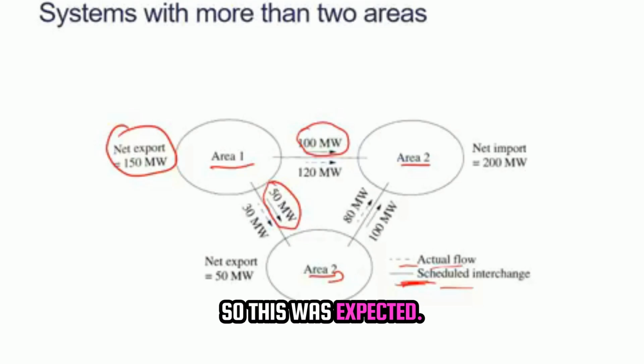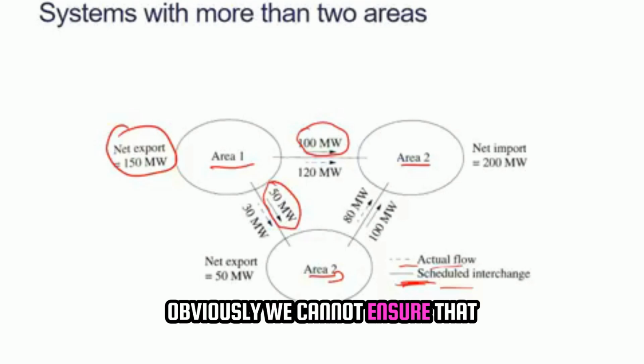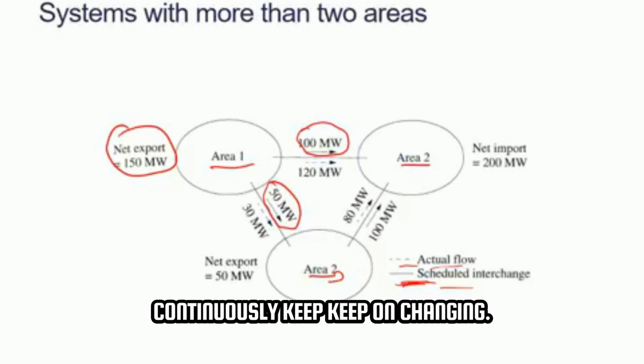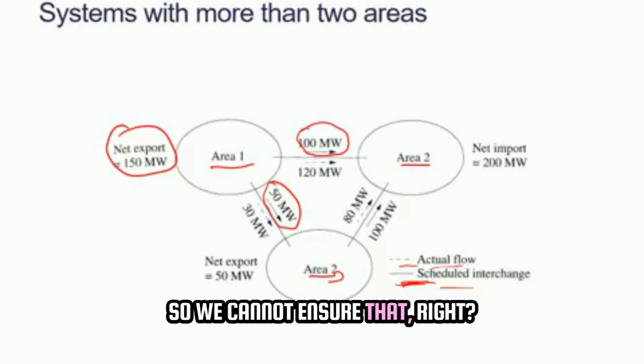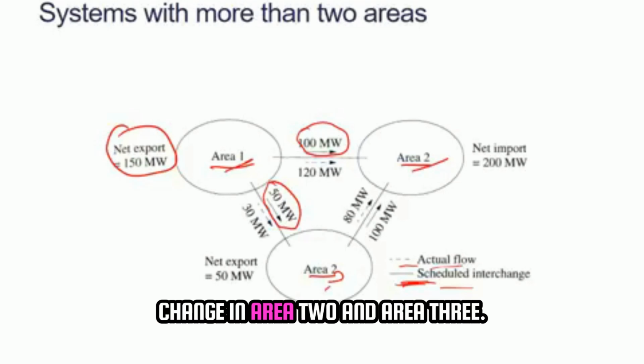So this was expected. But in practice, let's assume some disturbance. Obviously, we cannot ensure that there will be no disturbance, because loads continuously keep on changing. There will be some load change in area 1, and some in area 2 and area 3.